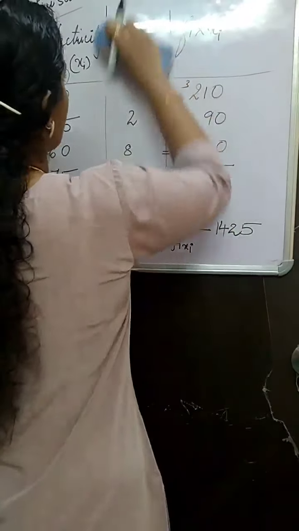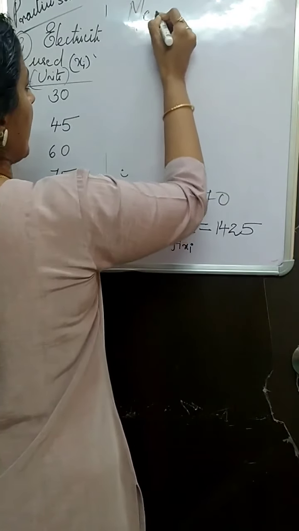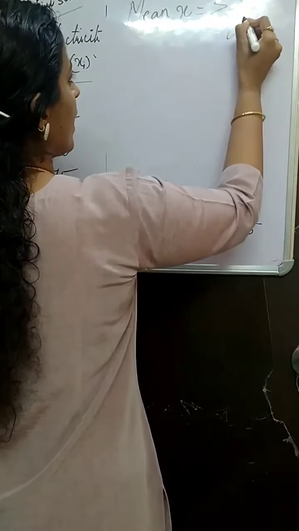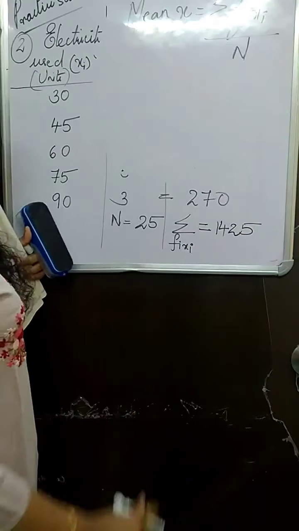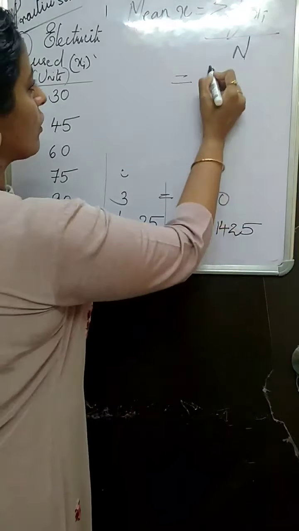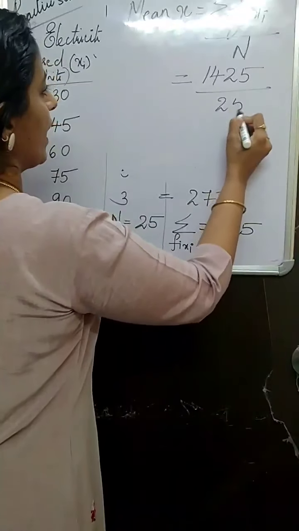What formula did I tell you? Mean x bar is equal to sum of fi xi upon total number, that is sum of the frequency, which is equal to 1425 upon 25.